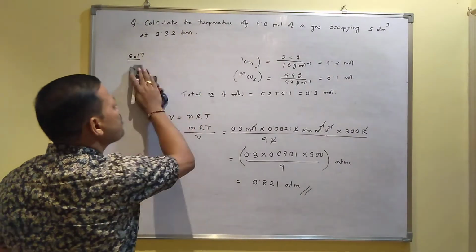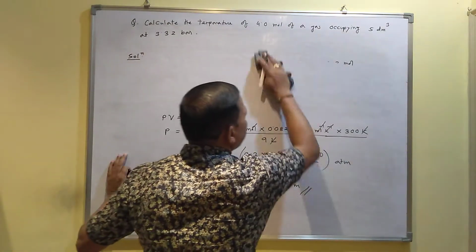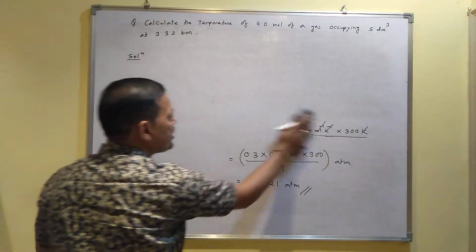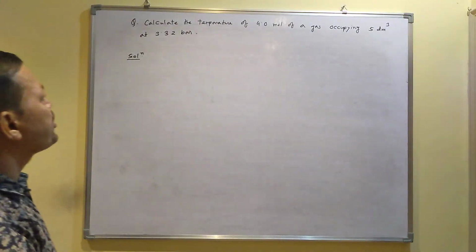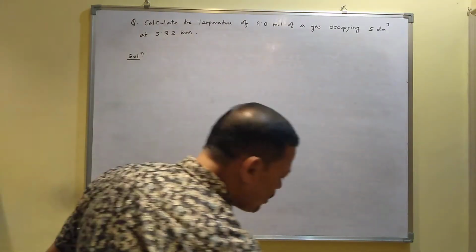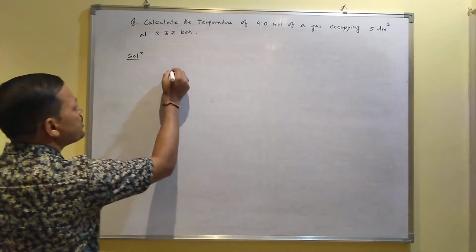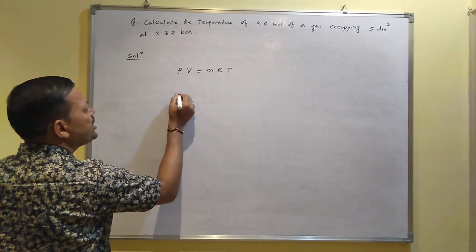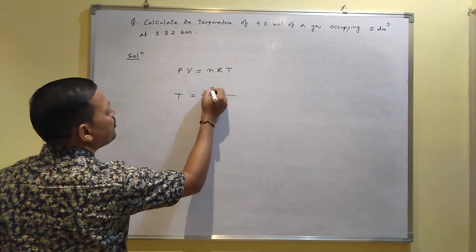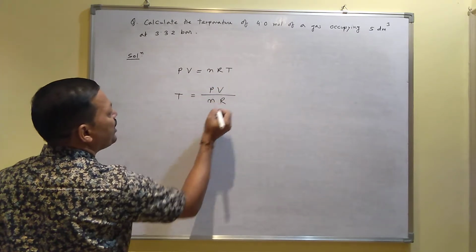This question also you can do by applying the ideal gas equation PV equals nRT. You have to determine temperature, so T equals PV divided by nR.